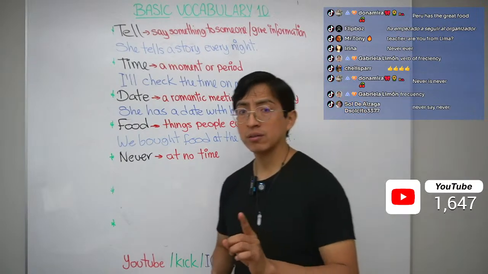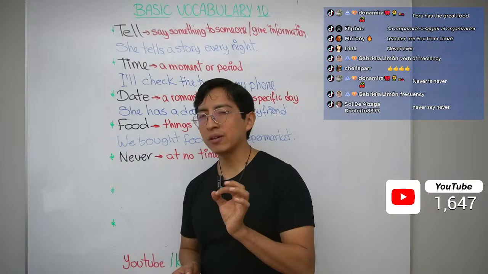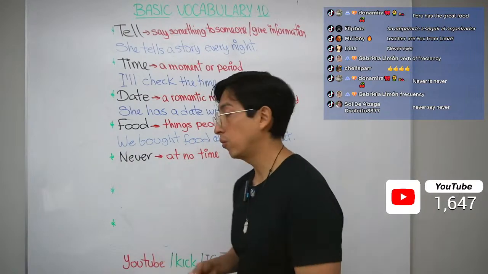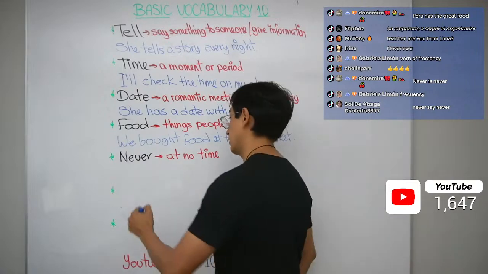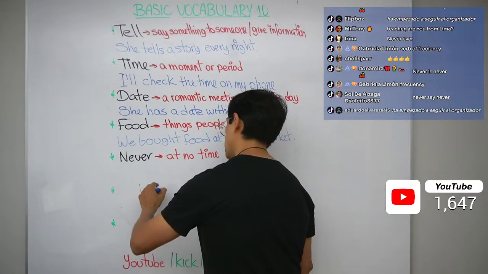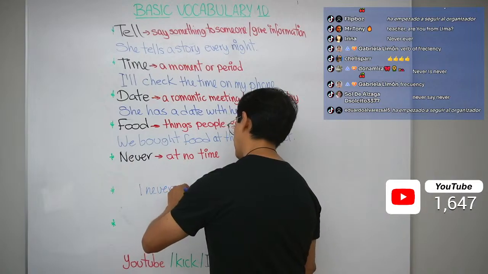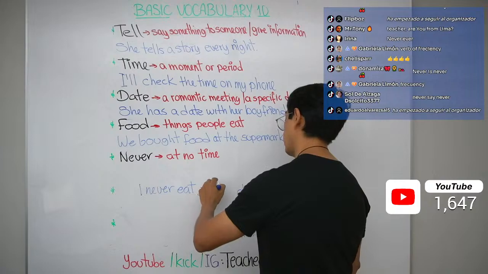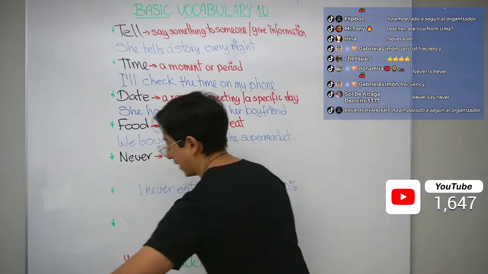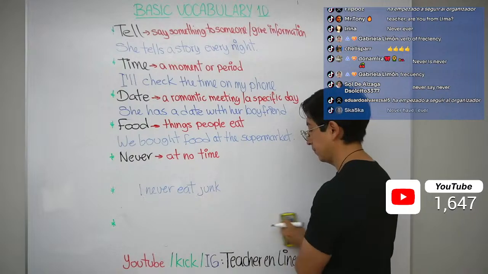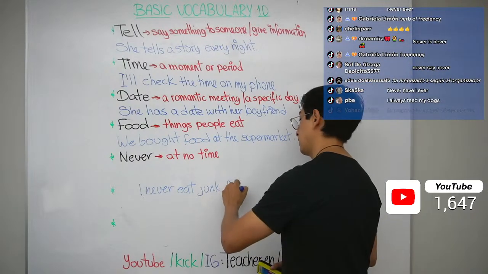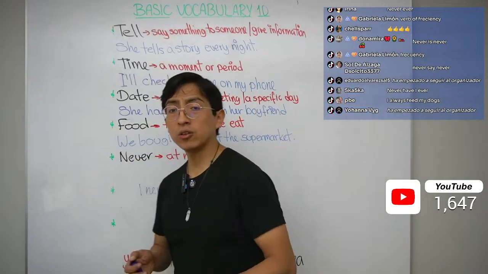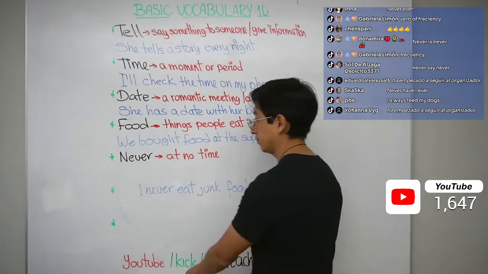Now, remember that never has a very special position. Where do we put it? For example, you can say, I never eat junk food. Guys, so where do we put never?